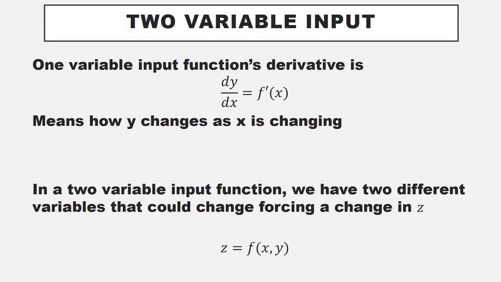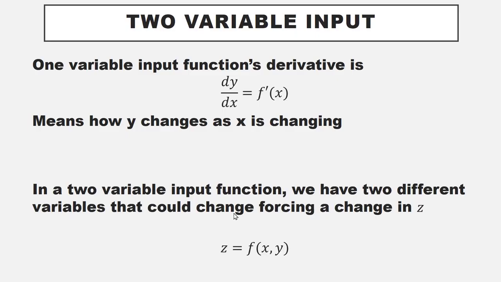Well, in two variable inputs, now we have two variables that can cause a change in our output. We're going to call our output z. So we could have a change in x causing a change in z, or we can have a change in y causing a change in z.